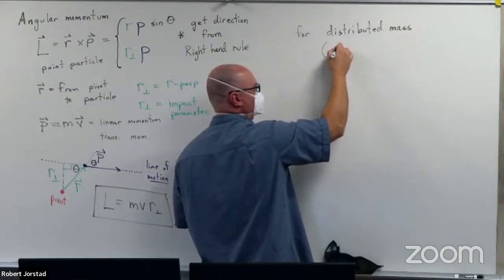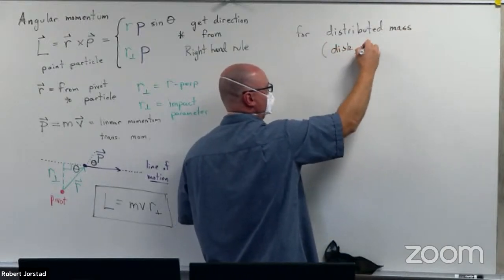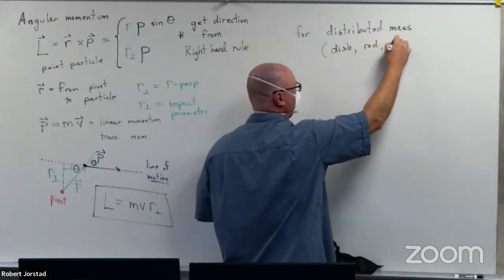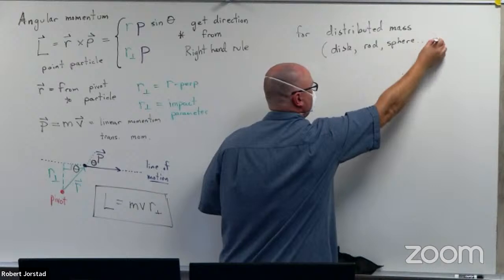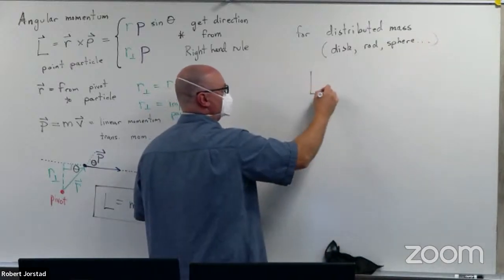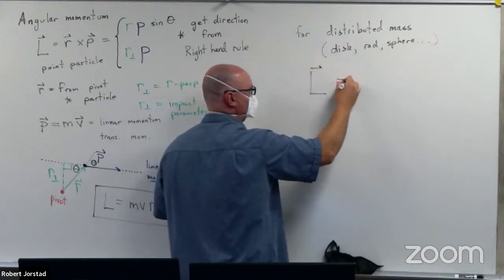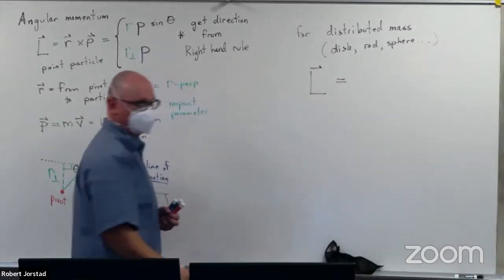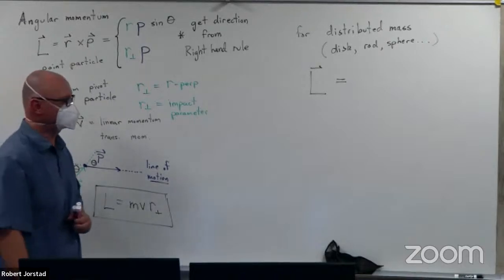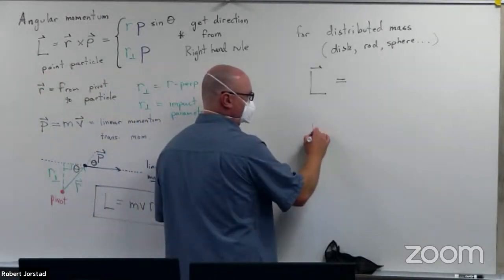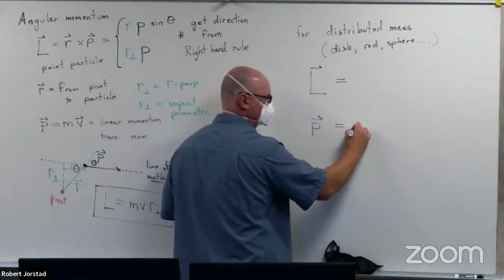For distributed mass, like a disc, a rod, a sphere, I could get angular momentum a different way and much easier way. If you recall, linear momentum was mv.